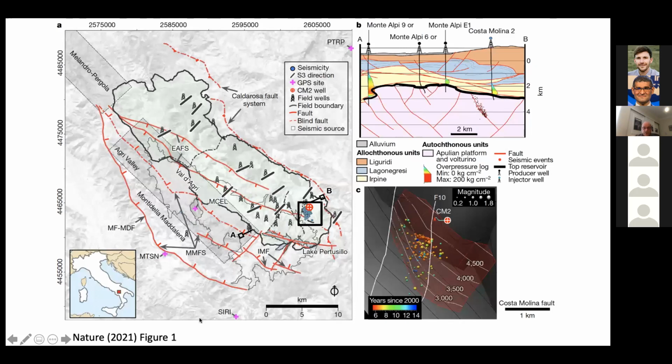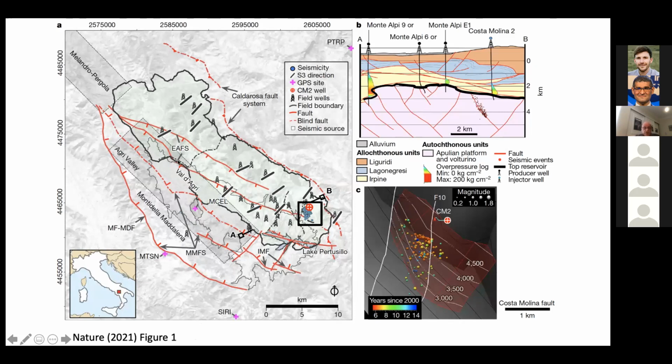This is a figure of the oil field from the Nature paper. These lines here are S3, the extensional stress direction based on borehole breakouts across the oil field.